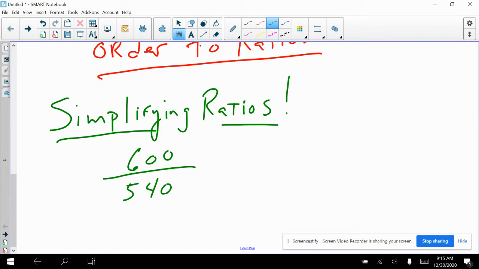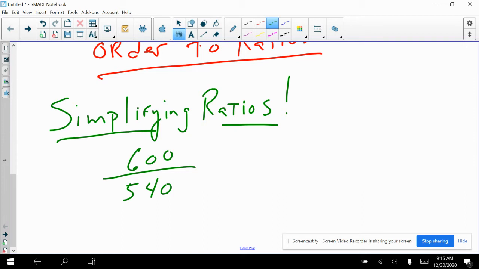These are not numbers. Okay, something on top is represented by 600. Something on the bottom is represented by something else. So this could be 600 girls to 540 boys. Okay, so we're not turning these into improper fractions. Okay, they either stay as a fraction, you can write it using the colon, or you can write it using the word to.